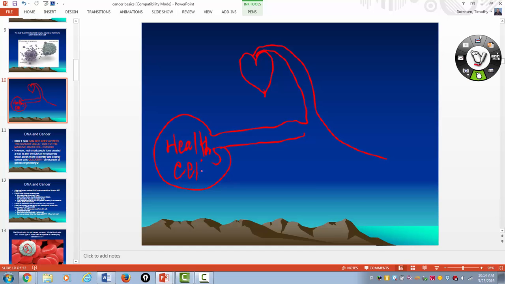Here's some healthy cells, right? The normal cells of your body. And here are the cancer cells. This is very important. At no other time in a cell's life is it more metabolically active than when it is dividing. It consumes a ton of energy to divide a cell.